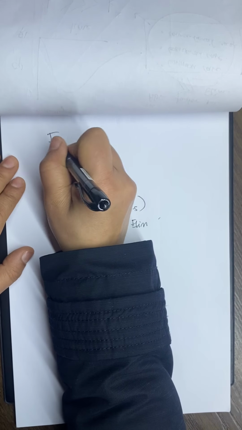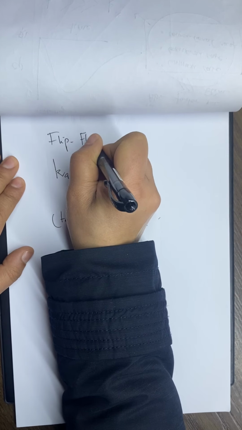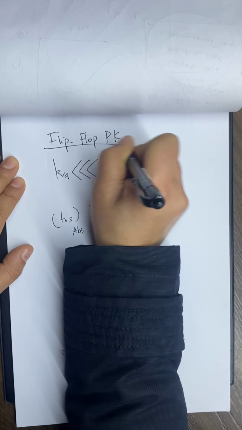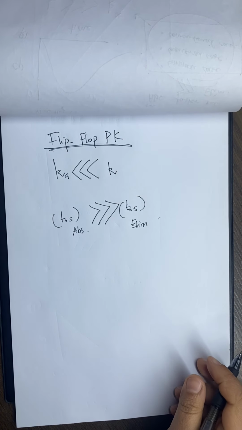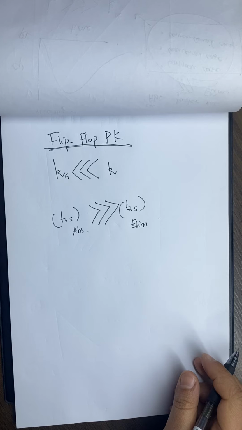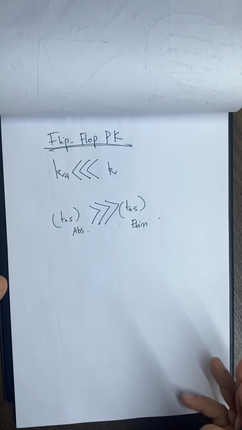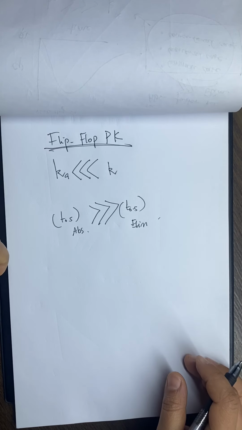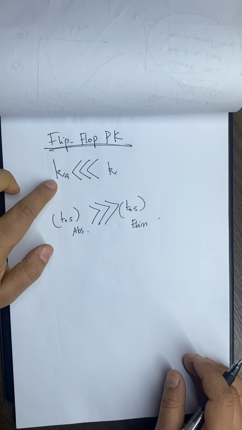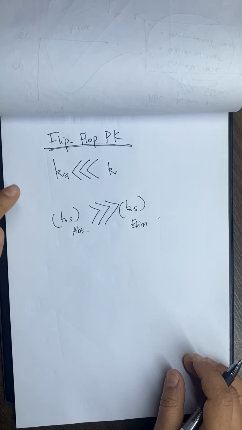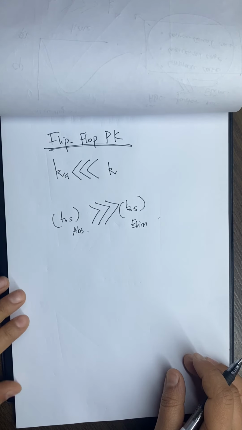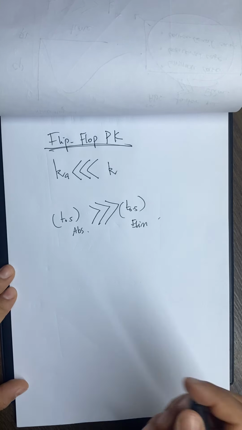That's why we call it flip-flop kinetics. So for sure, we have this exceptional case with certain kinds of formulation, such as controlled or sustained release formulations, in which the rate of absorption starts to be lower than what we usually have in the general case.